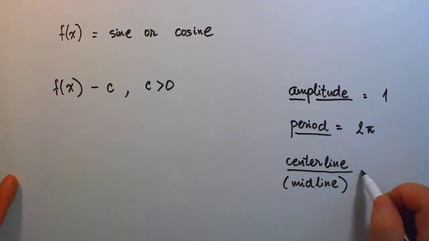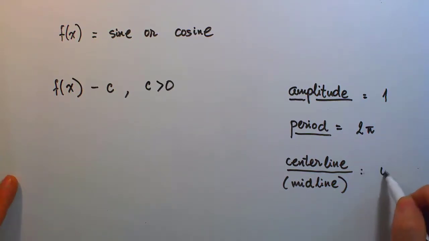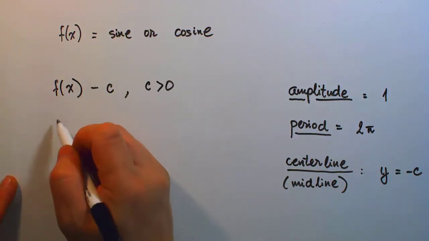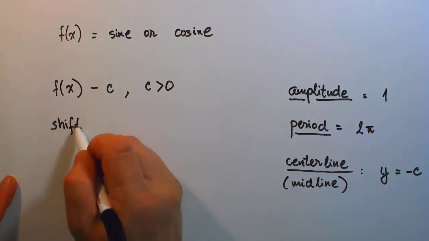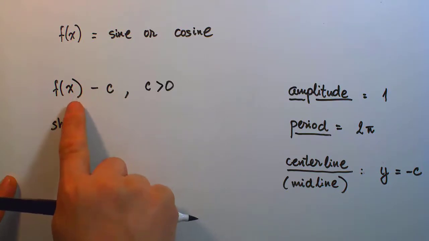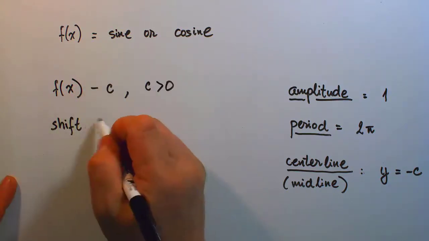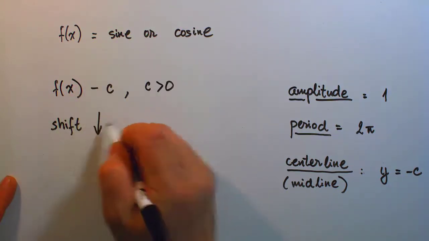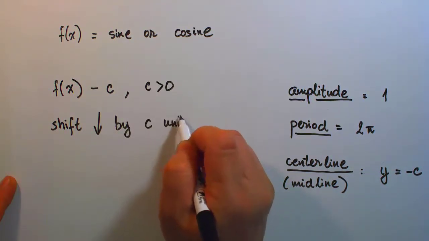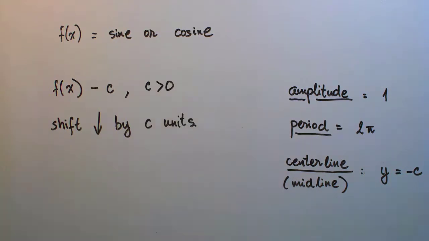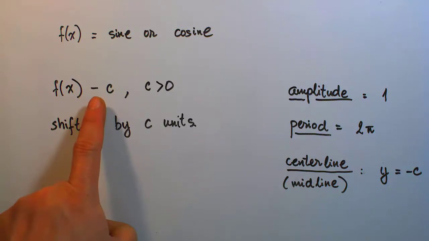But the center line this time is going to be at the horizontal line y equals negative c. And we can think of this as subtracting a positive constant from our trig function, either sine or cosine, shifting our graph vertically downward by c units. So that's a conclusion regarding our sine and cosine functions, adding or subtracting a constant.